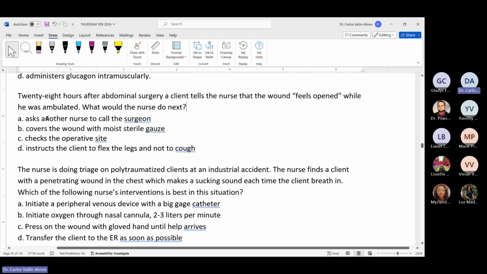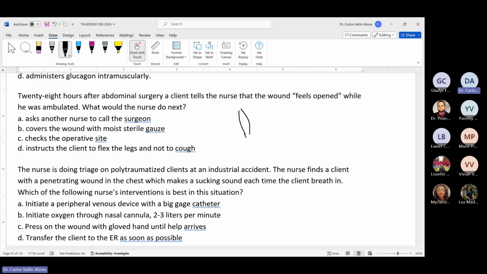And then you have, ask another nurse to call the surgeon. It could be a right intervention if the client has a dehiscence or evisceration, especially if there is an evisceration, but either one. Notice that there is a difference between dehiscence and evisceration. The evisceration is much more severe than the dehiscence. The dehiscence is when there is just separation of the skin, the subcutaneous.